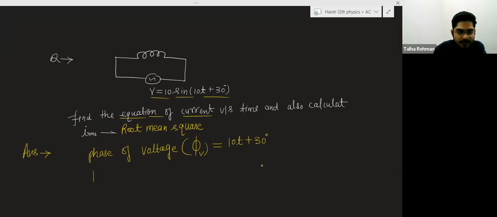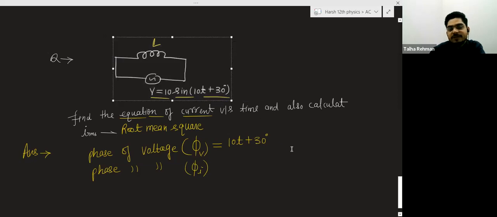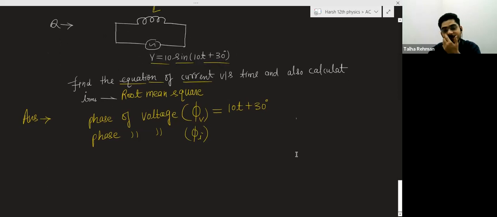Now I am writing the phase of current, suppose phi suffix I. Now what kind of circuit is this? This is a purely inductive circuit. In a purely inductive circuit, what is the phase difference between the current and the voltage? 90 degree. Okay, very good, 90 degree.